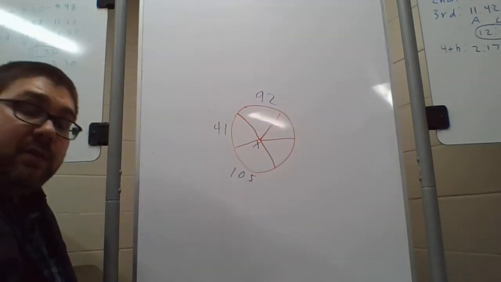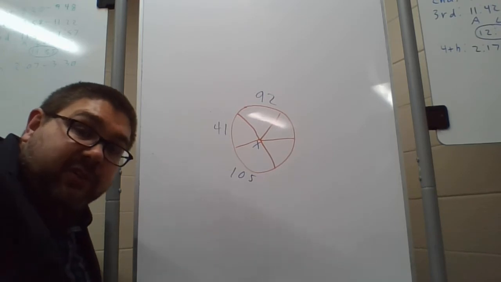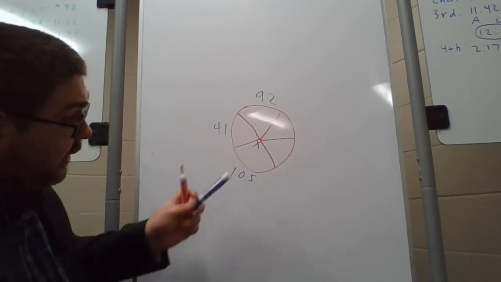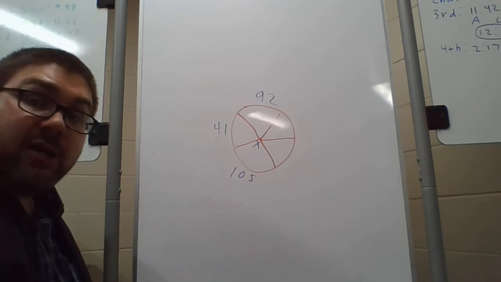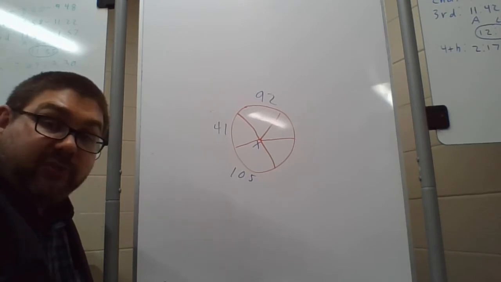Okay. This, on my class's assignment for the day, this is number 1. We have an X, we have an unknown angle. This is a central angle, first of all.